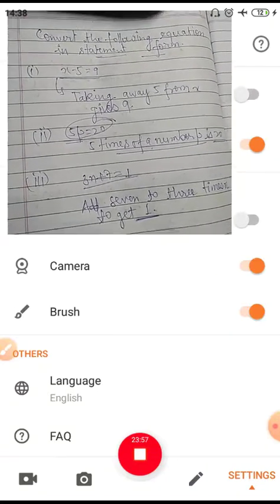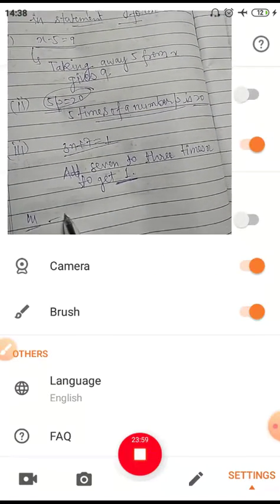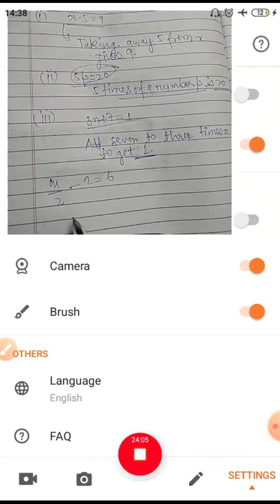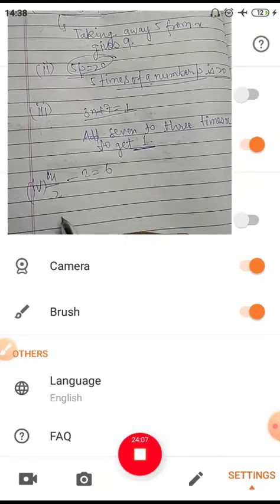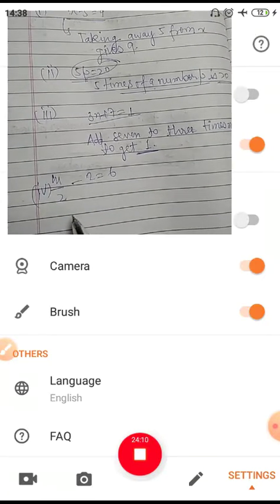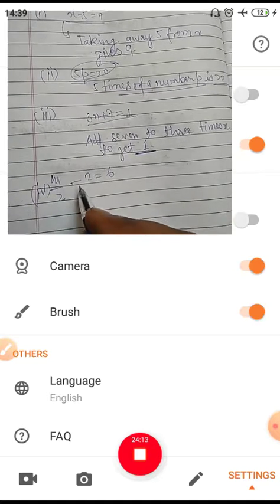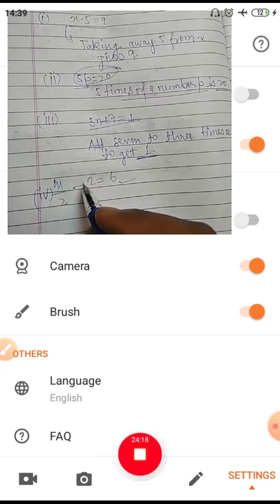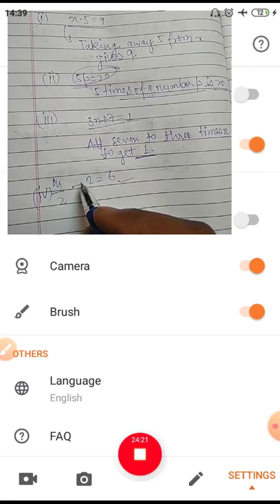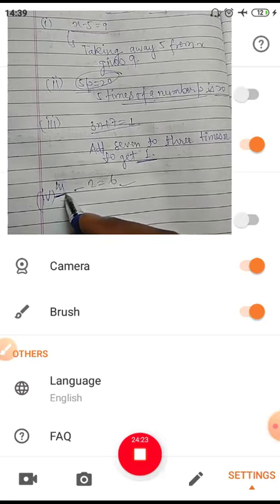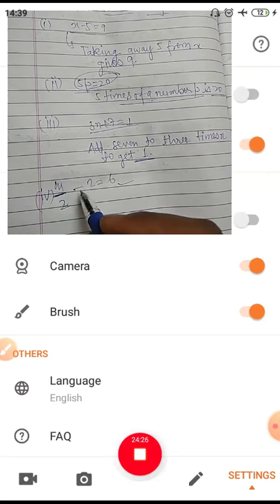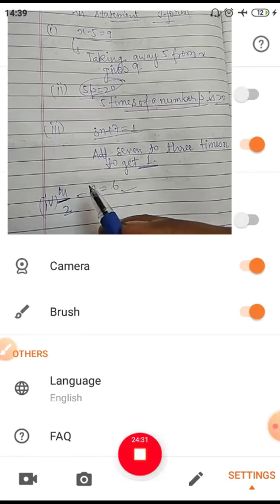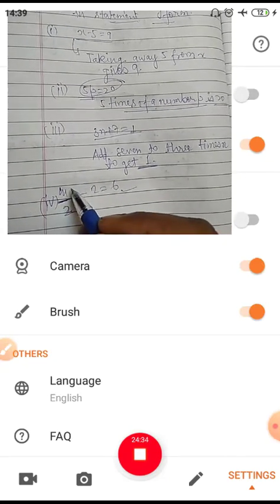Okay. Last expression is m upon 2 minus 2 is equal to 6. You get 6 when you subtract 2 from half of m.